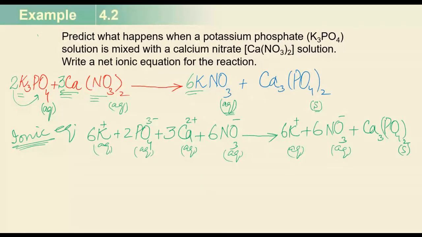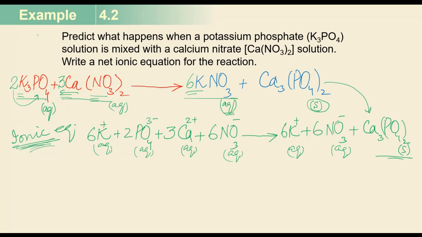Last part, doctor. Now I told you, you will change this AQ compound to ions. All these AQ compounds are changed to ions, positive and negative. But that is a solid compound. You will not change it into ions. It will remain as a solid. Now this equation is known as the ionic equation.